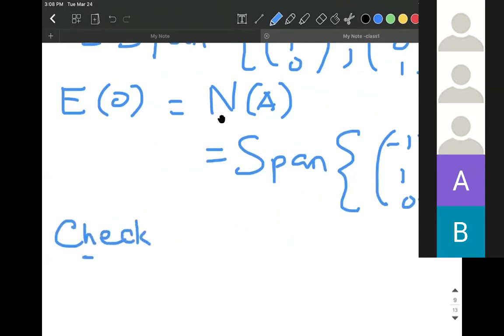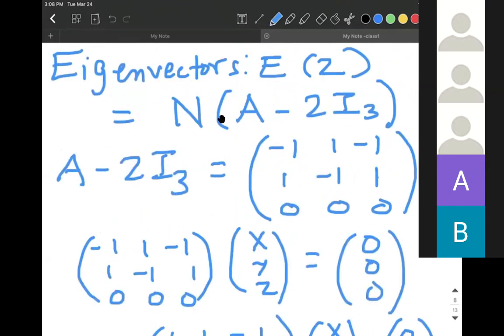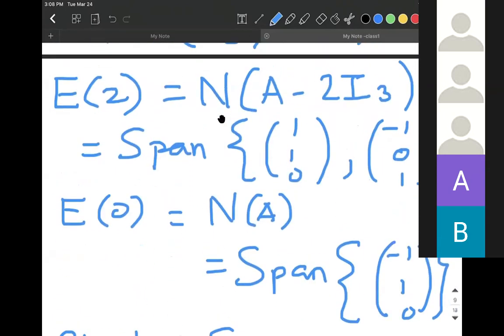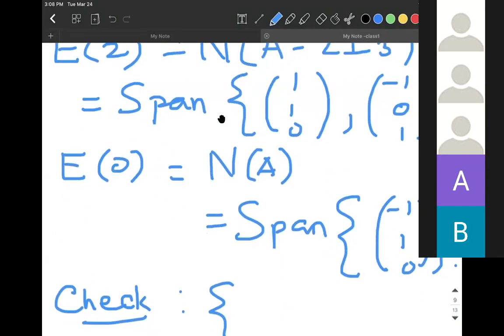So check that if you collect these three vectors, so you have these two eigenvectors for 2, and this one, minus 1, 1, 0, for 0.